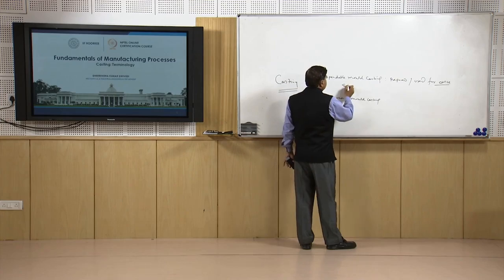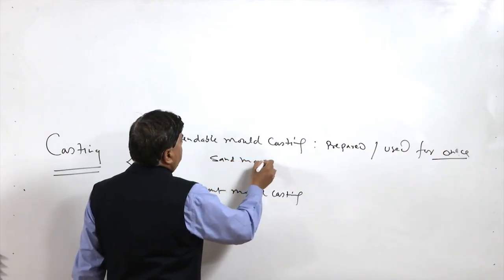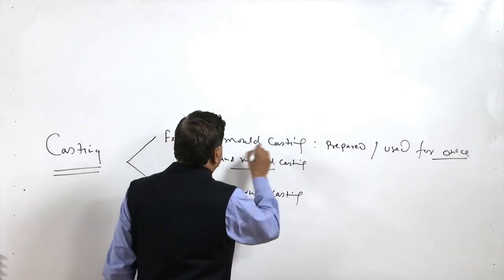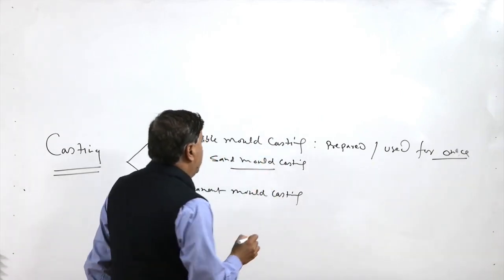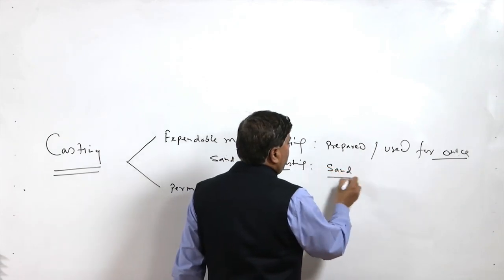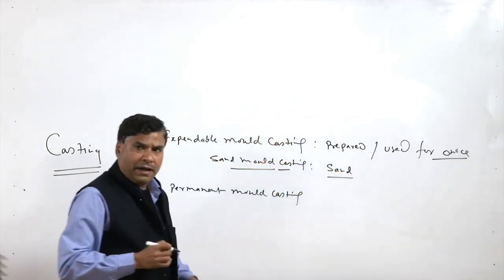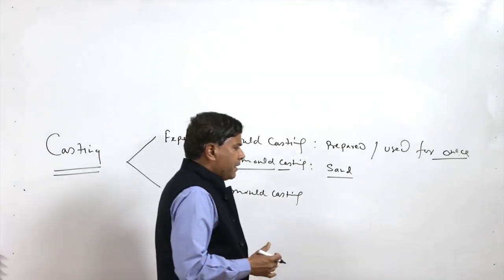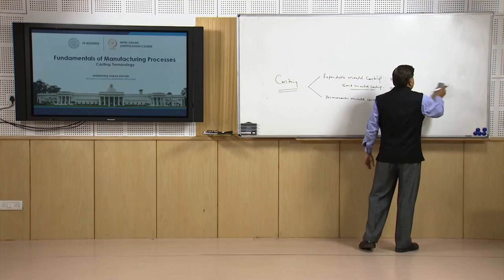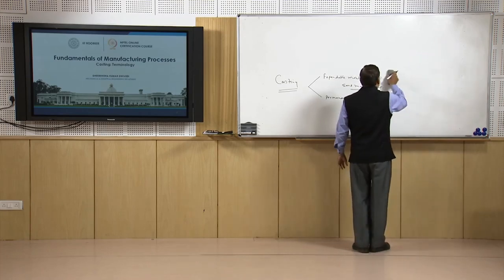So, sand mold casting is one of the expendable mold casting methods, wherein sand is used for making the mold, and every time a sand mold is required to be prepared for making the casting, and it is broken once the casting is ready.